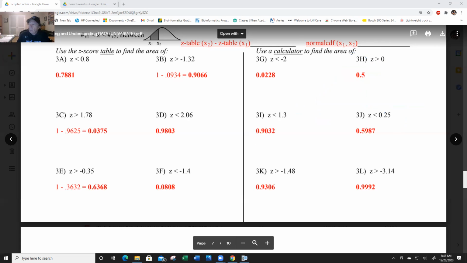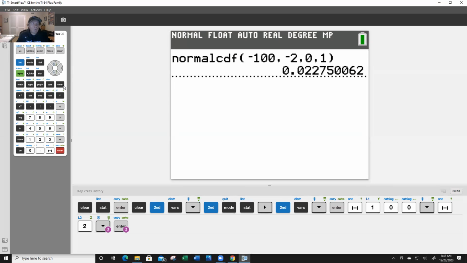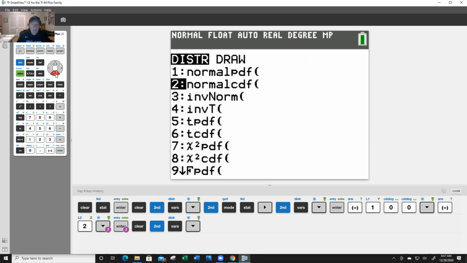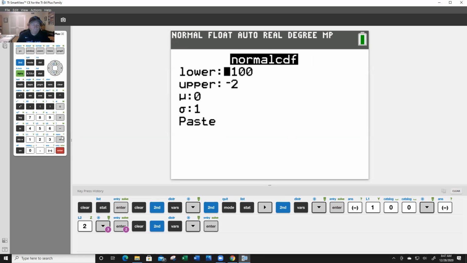So I'm going to clear that. Second distribution, normal CDF. By the way, CDF stands for cumulative distribution function. Negative 100, comma, 1.3.